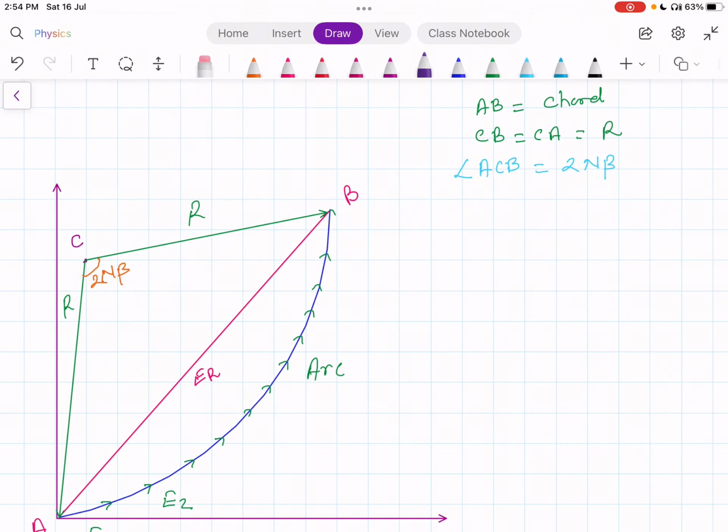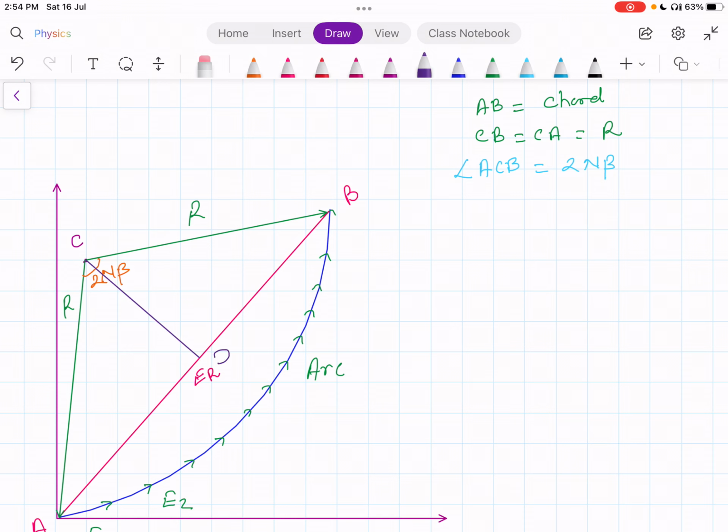Then I am going to draw a normal on the chord from the point C such that it will divide the chord into two equal parts.